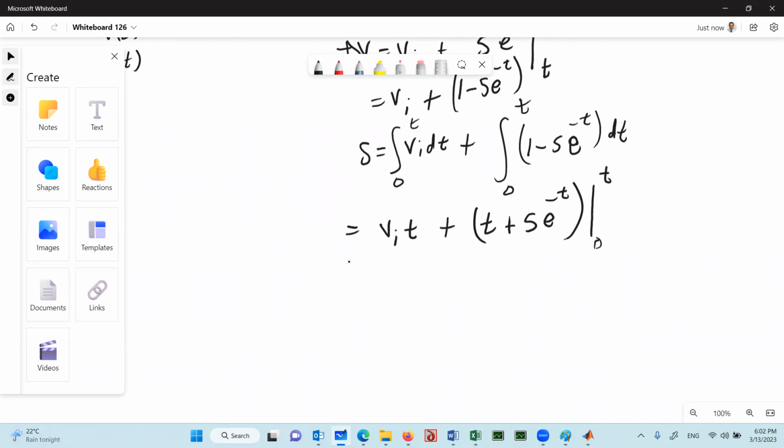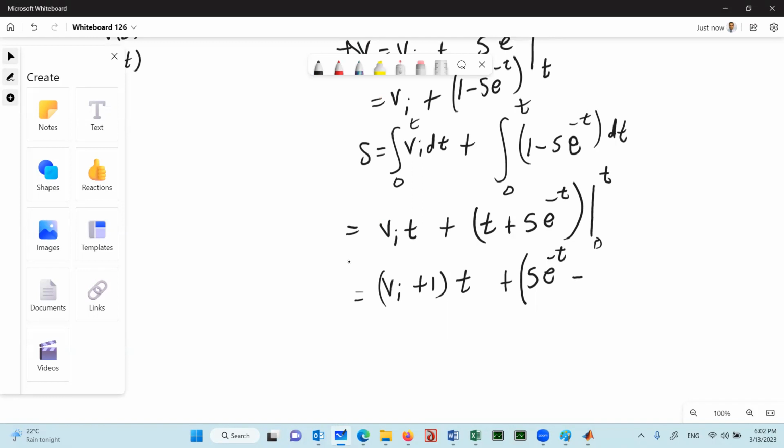Now, we will have the solution at the end, looks like vi t plus 5t, because we have t coming here, plus 5e to the power 0, so it is 5 here, minus 5e minus t. What will happen here?